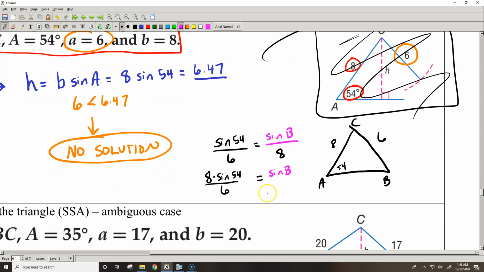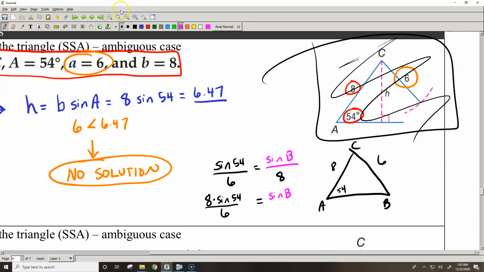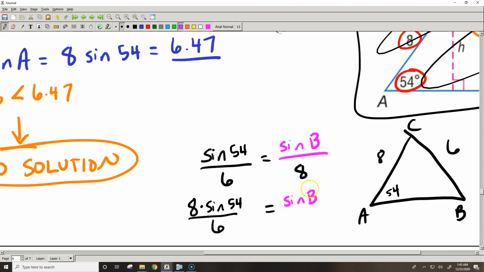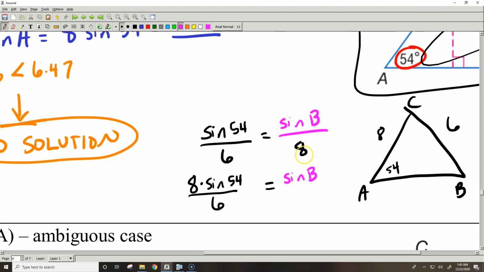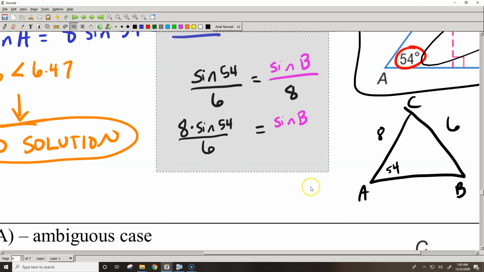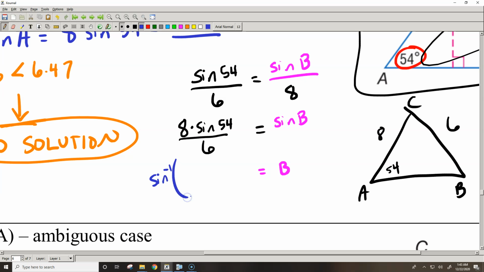Now, if I'm going to solve for B, if I'm going to get B by itself, I'm going to take the inverse sine on both sides. So B would equal the inverse sine of whatever I have right here.